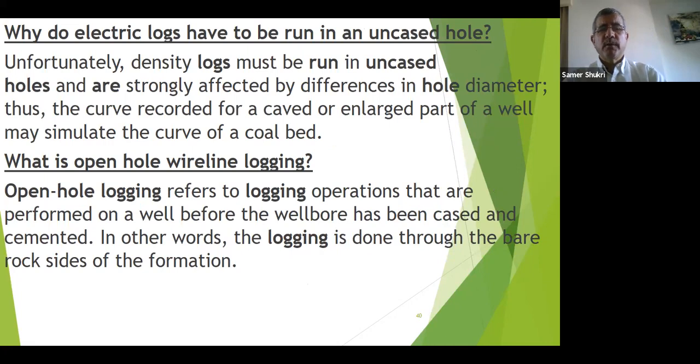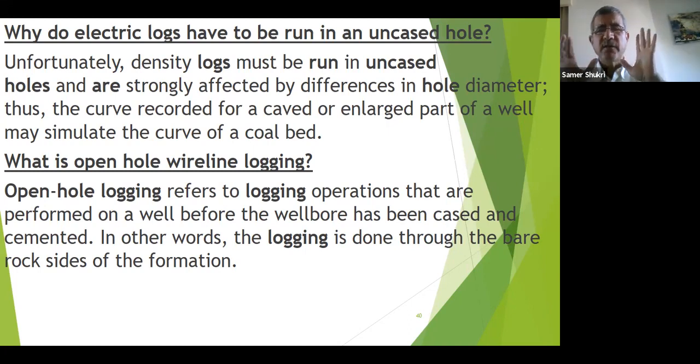Why do electric logs have to be run in an uncased hole? Now we have uncased hole, open hole, or bare hole. Unfortunately, density logs must be run in uncased holes. So the density should be run with no casing and cement in this part of the formation, and are strongly affected by the differences in hole diameter.